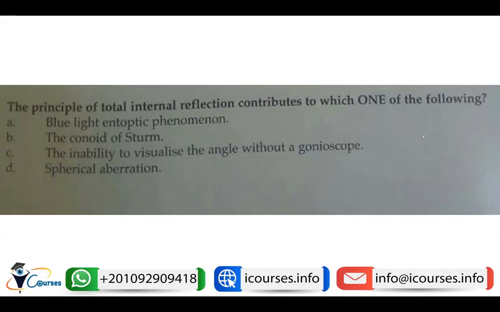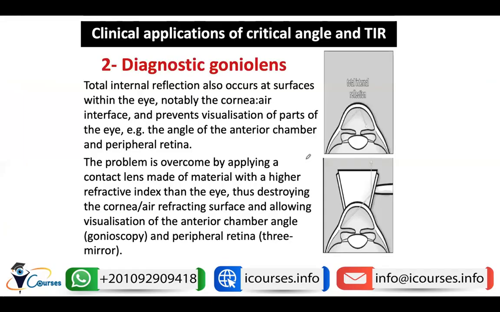The principle of total internal reflection contributes to the inability to visualize the angle without a gonioscope. As we use the gonioscope, we make the light pass from the less dense to the more dense medium so that it will undergo refraction rather than total internal reflection.